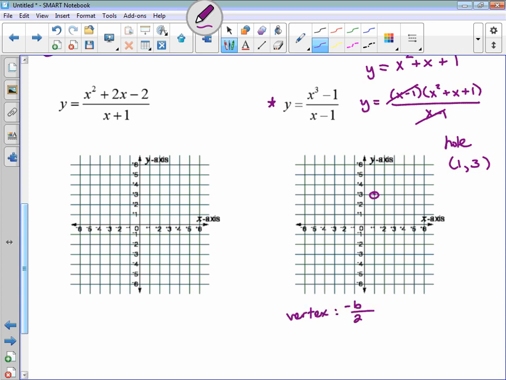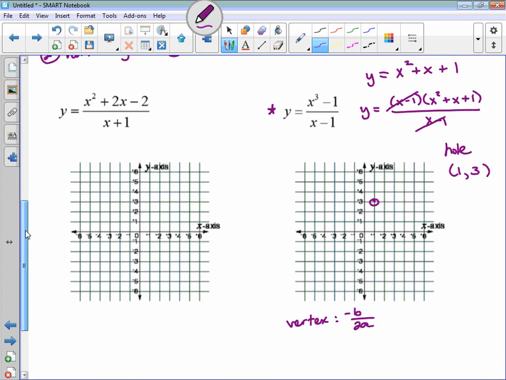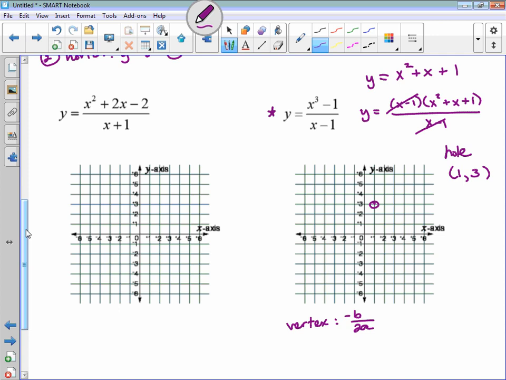Negative b over 2a is where you start. So in this case, that would be negative 1 over 2. That gives you the x coordinate of your vertex. And then what do you do with that to find the y coordinate?